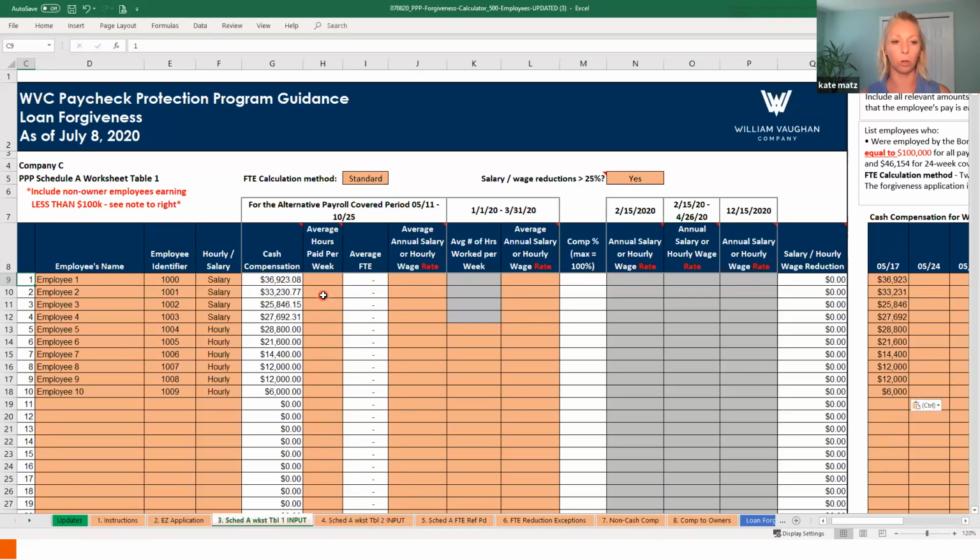For each of your employees, you list out how many hours they're getting paid for each and every week throughout that full 24 weeks. Total it up, and divide that by the 24 weeks times 40 hours per week. That will get you your average FTE, but you're going to come up first with this average hours per week. So let me bring that in.